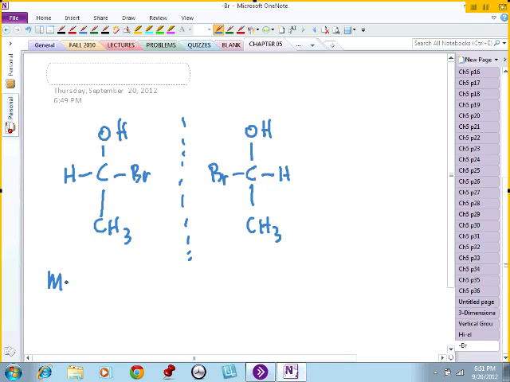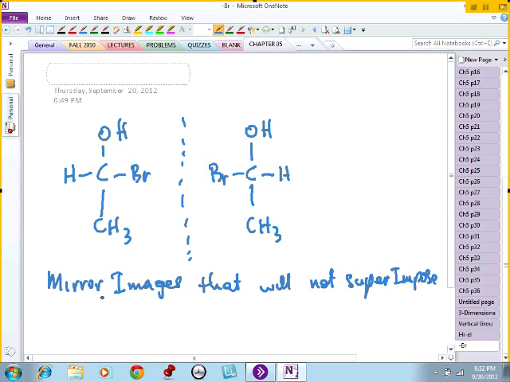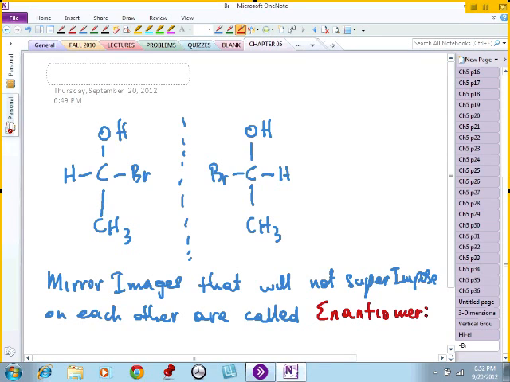These two mirror images that will not superimpose on each other are referred to as enantiomers. They are called enantiomers.